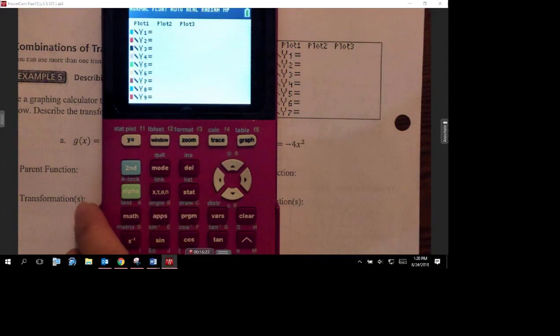And on the graphing calculator, all of the graphing buttons are at the very top. Anything that has to do with graphs is at the top. So if I'm telling you to go to y equals and you're not sure where it's located, if it has to do with graphing, it's going to be at the top. So that's the first button we're going to go to: y equals. Go ahead and click on that.